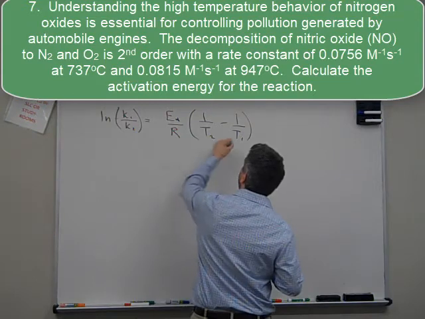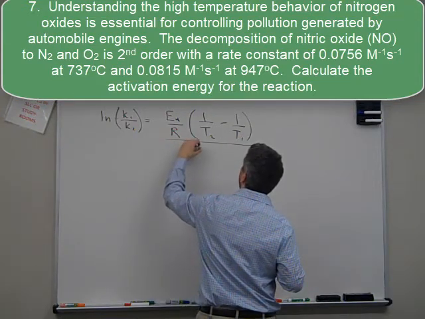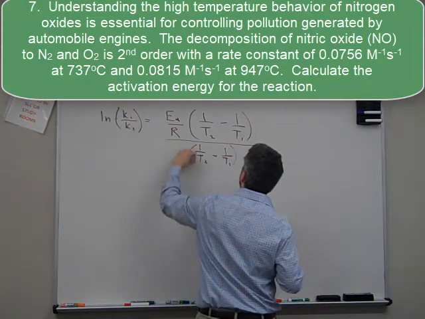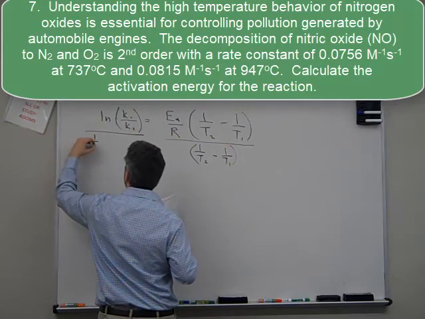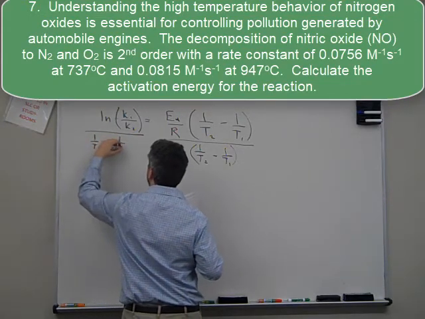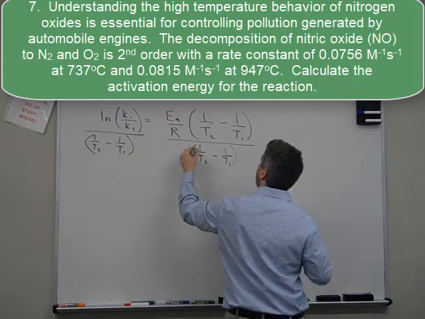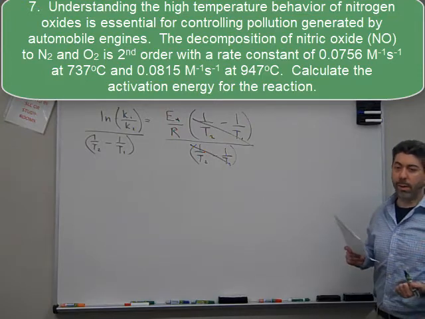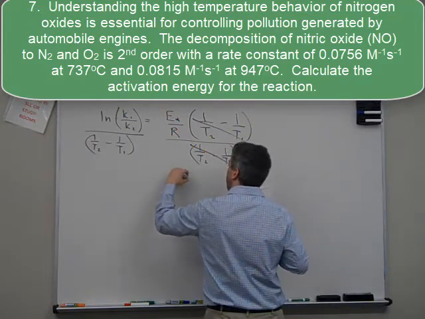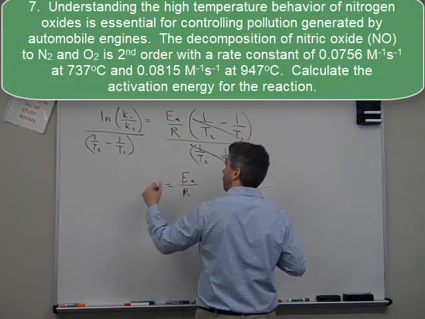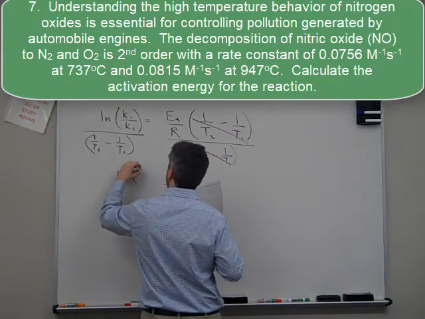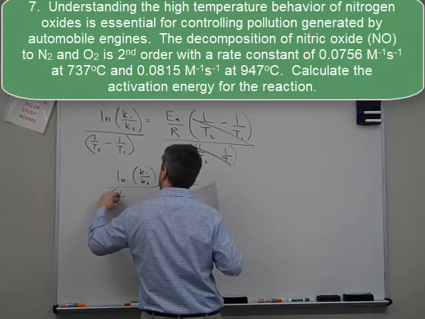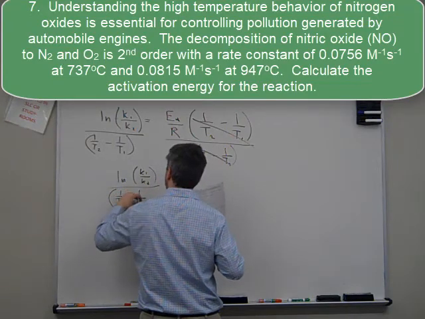Alright, so if I divide both sides by the quantity 1 over T2 minus 1 over T1, that cancels out this, and then I get EA over R. Okay? So EA over R is equal to this monstrosity, ln of K1 over K2, divided by 1 over T2 minus 1 over T1.